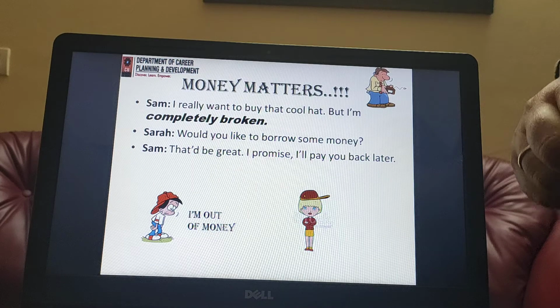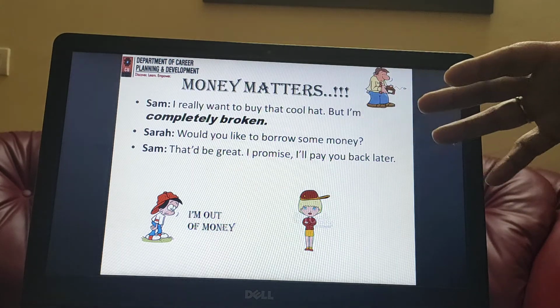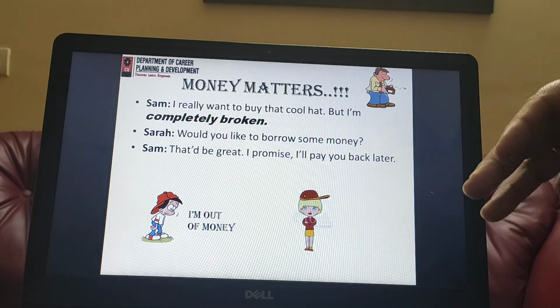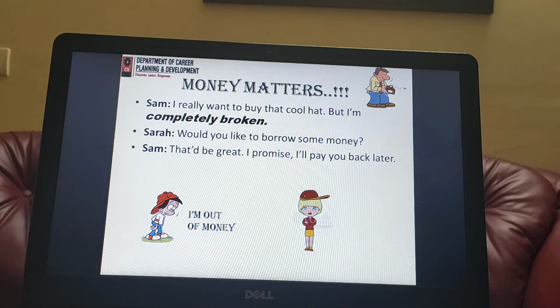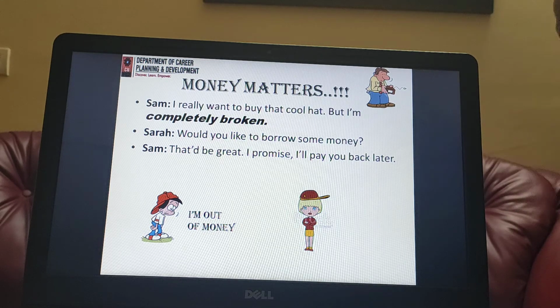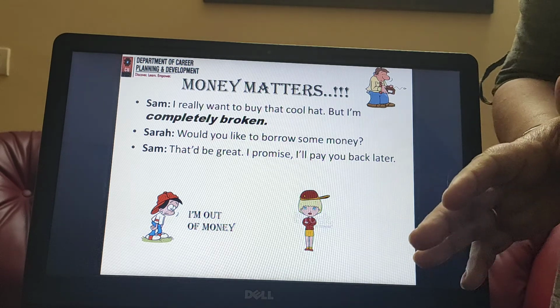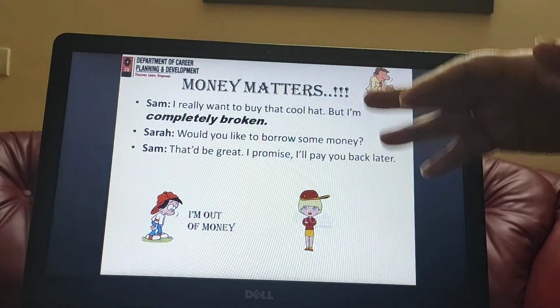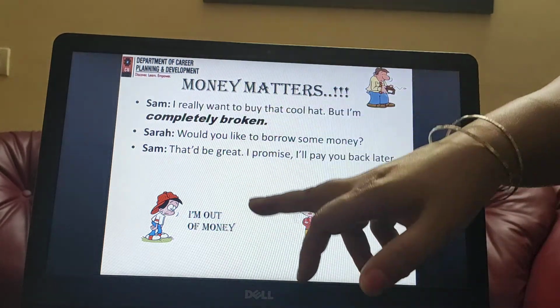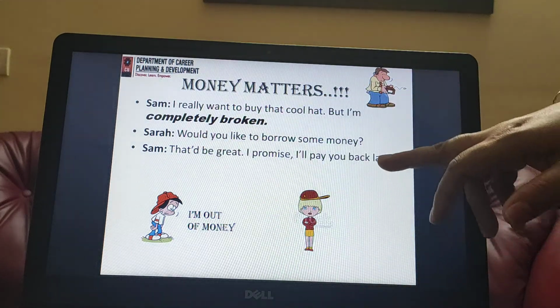Next is money matters. What we are talking about here is money. I really want to buy that cool hat, but I'm completely broken. So we are talking about something where I don't have any money, I'm penniless. Completely broken means we don't have money. I'm out of money is the meaning of it, and we are using it in conversation.